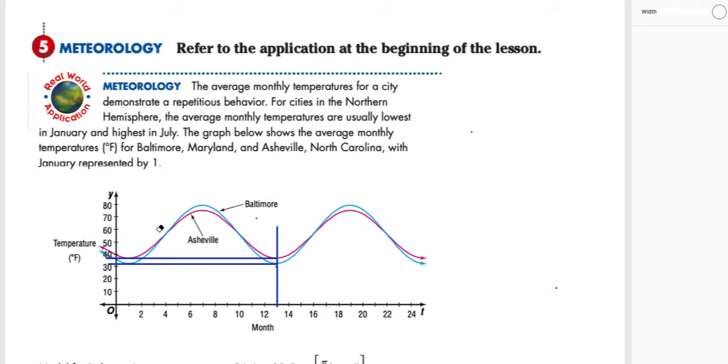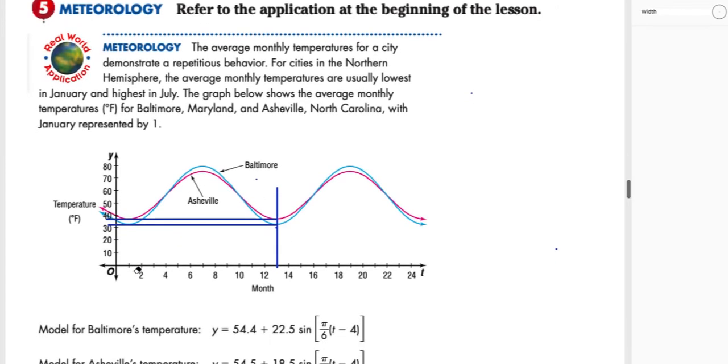They're showing the values of the temperature over a 24-month period in Asheville and in Baltimore. It looks a lot like a sine curve, which is pretty cool.